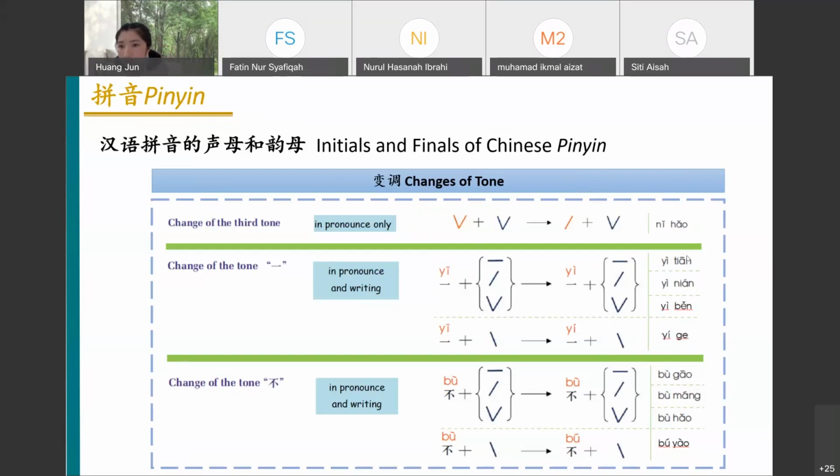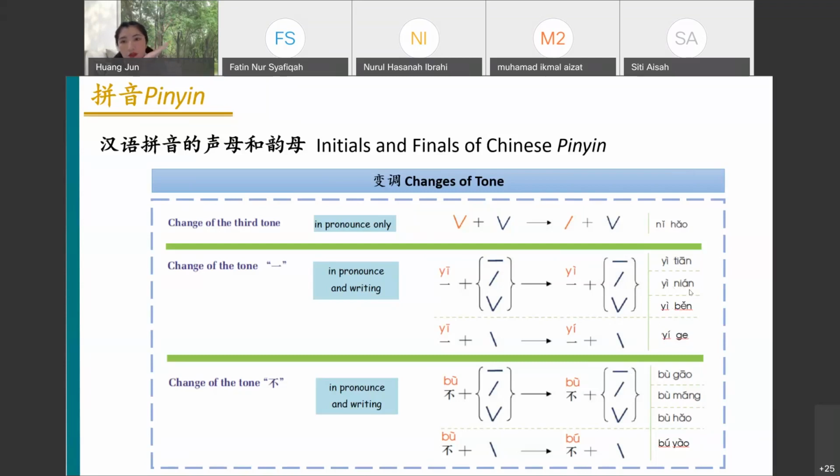If the word put after "yi" and "bu" is tone number 1, 2, or 3, then you will change the tone of "yi" and "bu" to number 4. Okay, look at the example. We use 一年, 一天, 一年, 一本.